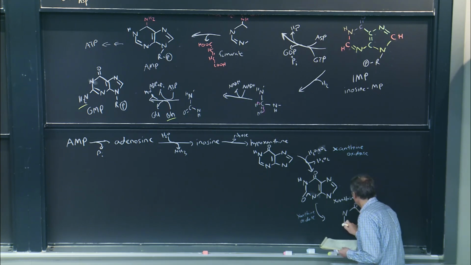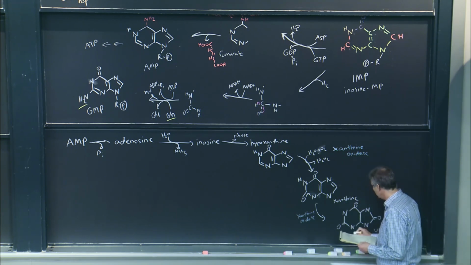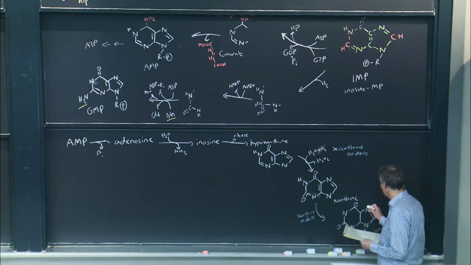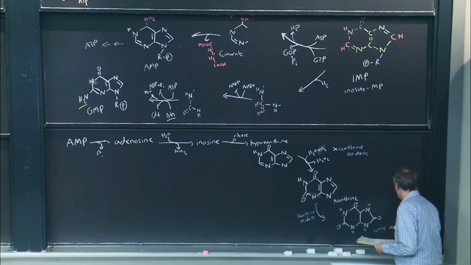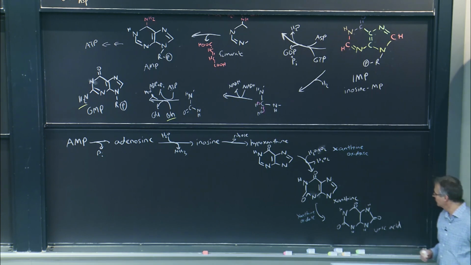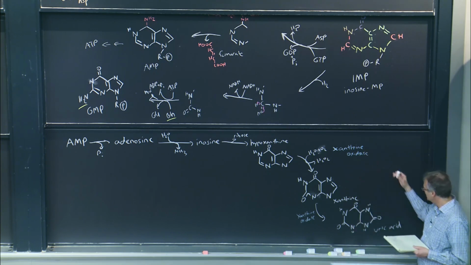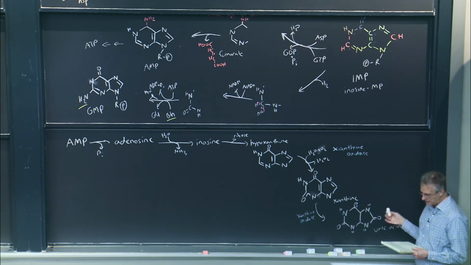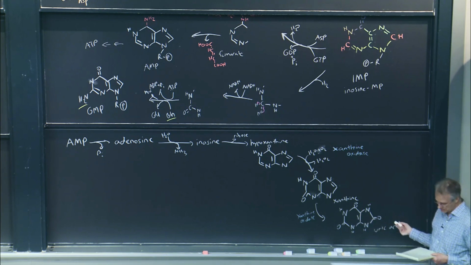That generates this compound, uric acid. And so for the birds and reptiles to excrete nitrogen, it would synthesize a purine like AMP and then break it down to uric acid as a way to eliminate nitrogen.